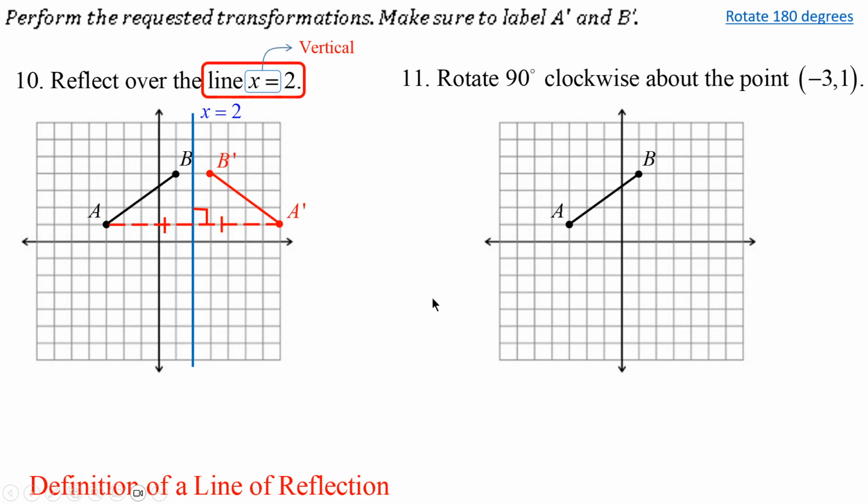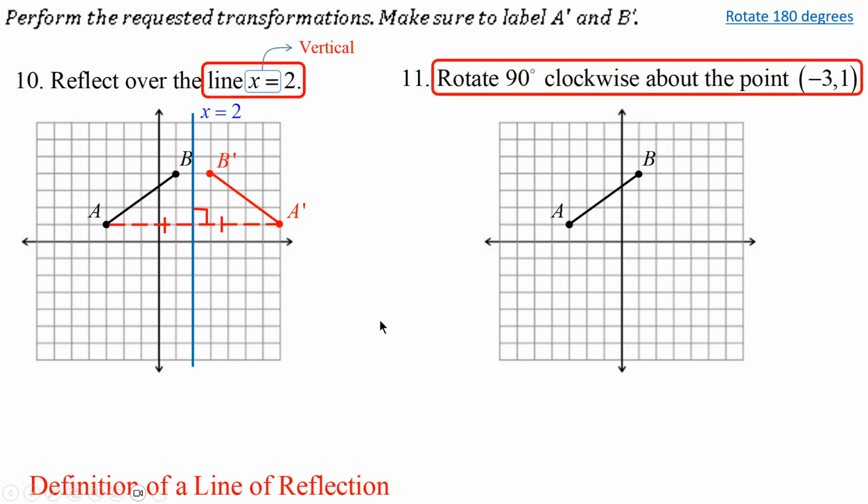Okay, right on. Okay, now we're going to rotate 90 degrees clockwise about the point -3, 1. So the first thing I'm going to look for is, can you plot that point right there? Okay, now I'm going to rotate 90 degrees clockwise. Now you remember your trick for 90 degrees? See that point B right there?